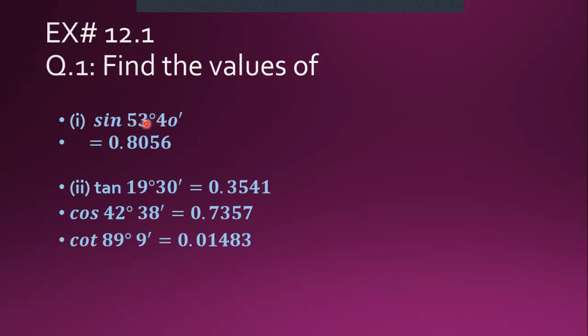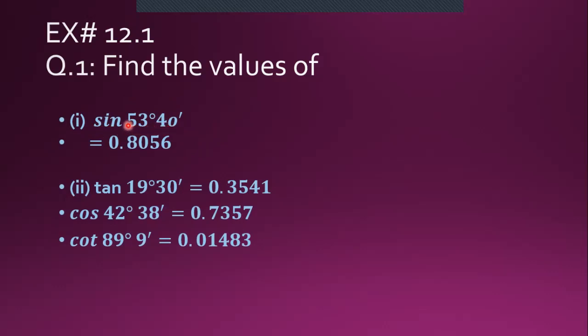So very simple. Look at number 1, we are to find the value of sine 53 degree 40 minutes. You will write it as it is. You will press the sine button first of all, and then you will write 53 degrees 40 minutes.